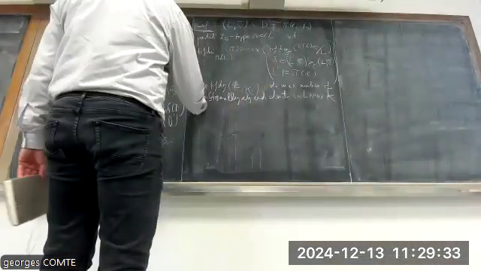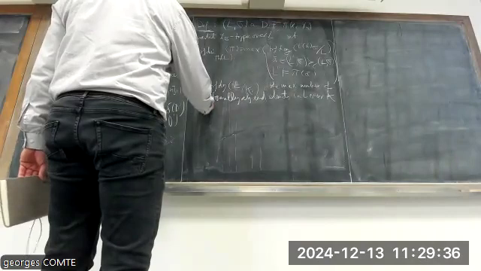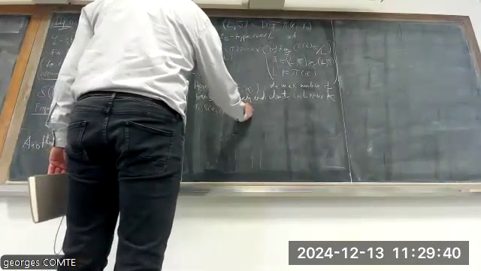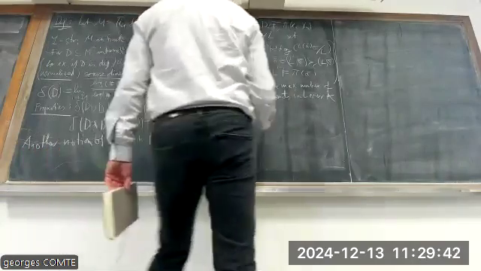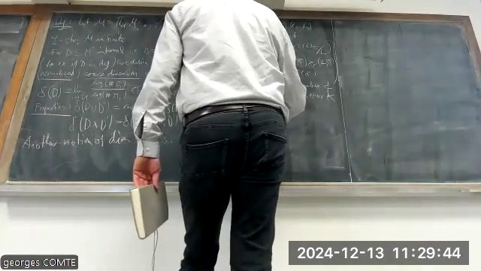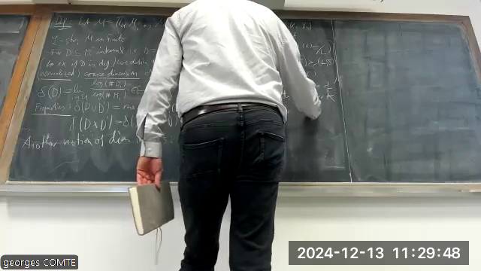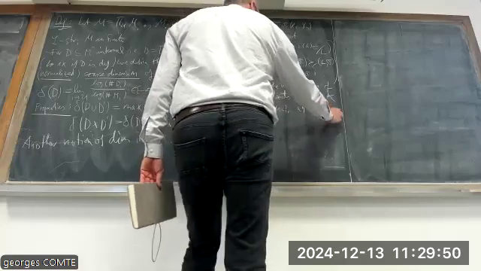So A1, sigma of A1, sigma squared of A1, and so on, up to An, sigma of An, are algebraically, in the usual sense, independent over K.